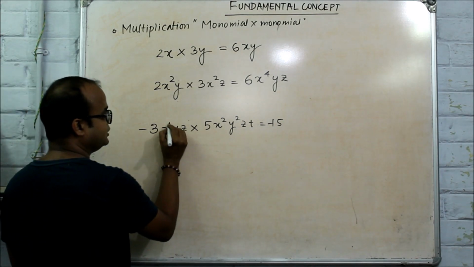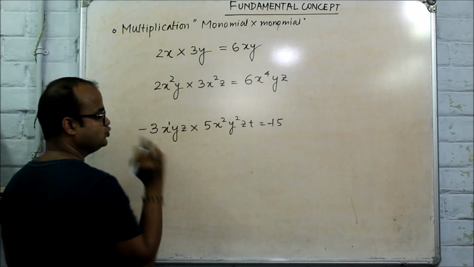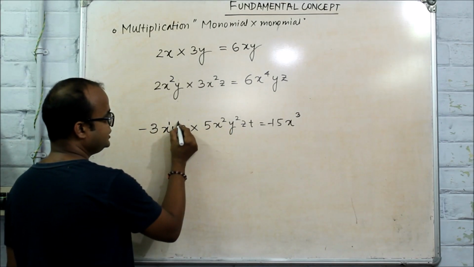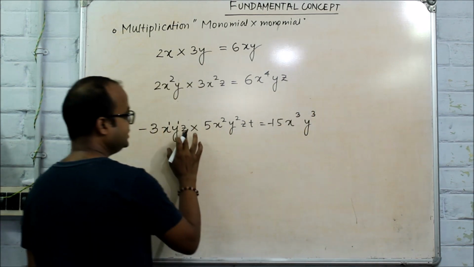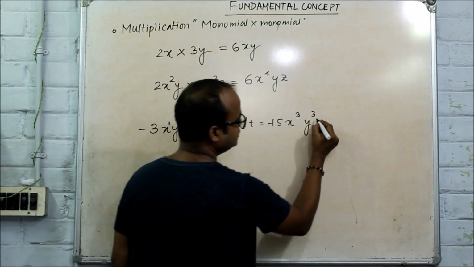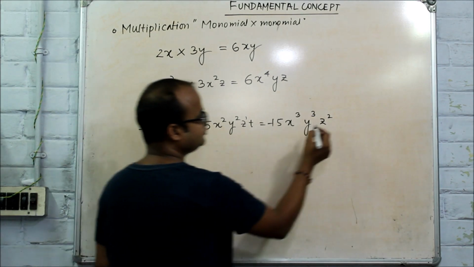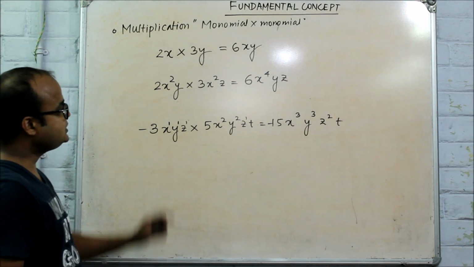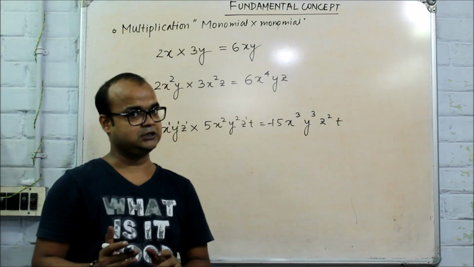Here power is 1, here power is 2, 1 plus 2 is equal to 3, so we write x cube. y power is 1, here power is 2, so 1 plus 2, y cube. z power is 1, here z power is 1, so 1 plus 1 is 2, so z square. Here t is there but here t is absent, so you only write t. Clear? So this is called multiplication of one monomial by another monomial.